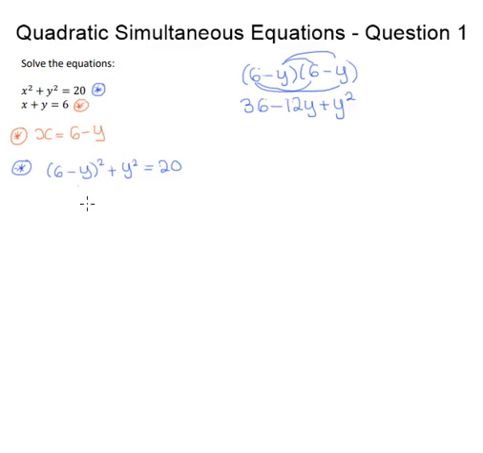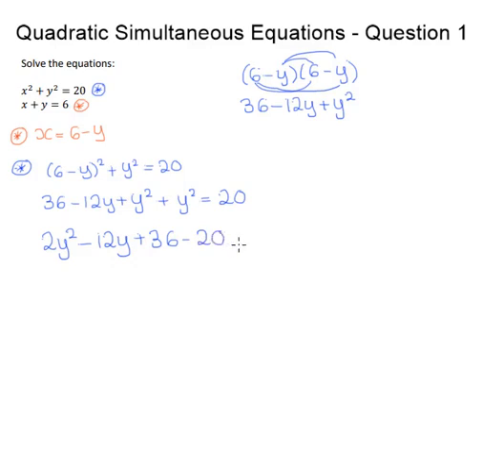Okay, so now we've found this, let's plug that in. So we've got 36 minus 12y plus y squared, plus y squared, because remember we've got this other y squared here, is going to equal 20. Let's try and simplify this. y squared add y squared gives me 2y squared, minus 12y, plus 36 minus 20.